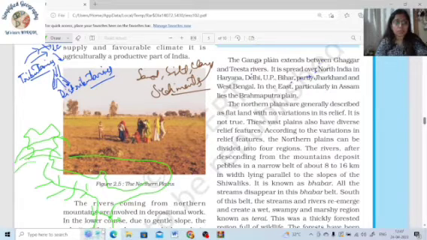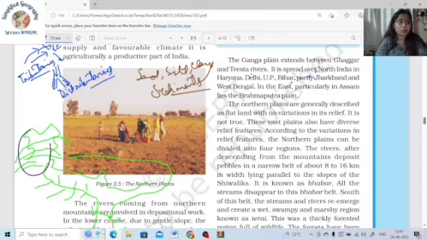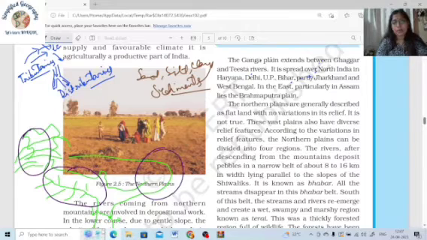So this is how all the 5 rivers of the Indus are also. Let me take another color so it will be easy for you to see. Indus, then it is Ganga, and here it is Brahmaputra. So these are the 3 main rivers which make the northern plains.